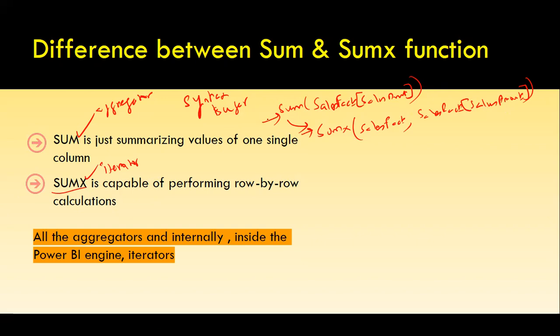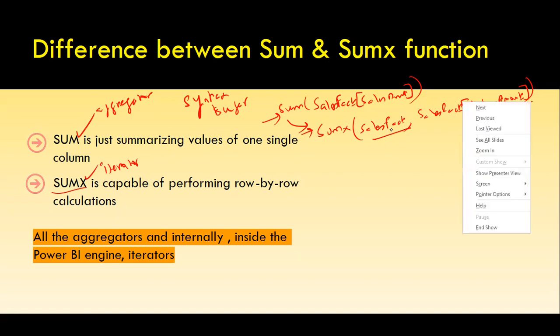So now the question is, then why do we need to have a SUM function? Just assume that we don't have the SUM function. If you want to do some kind of sum on the sales amount, you need to use the SUMX function. The first argument, you need to type the table name, and then you need to specify the column name.